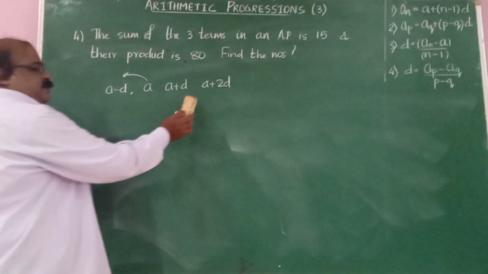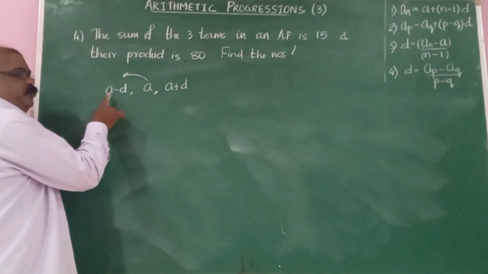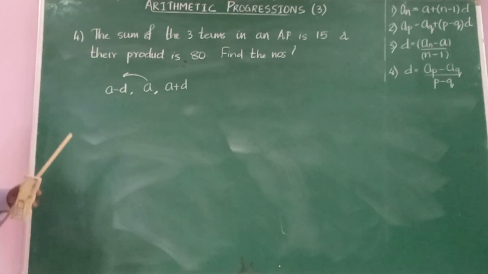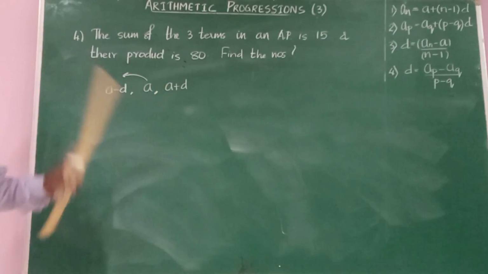So in this particular sum, I am assuming the three numbers in AP to be a minus d, a and a plus d. Now why am I assuming the numbers as a minus d, a and a plus d?